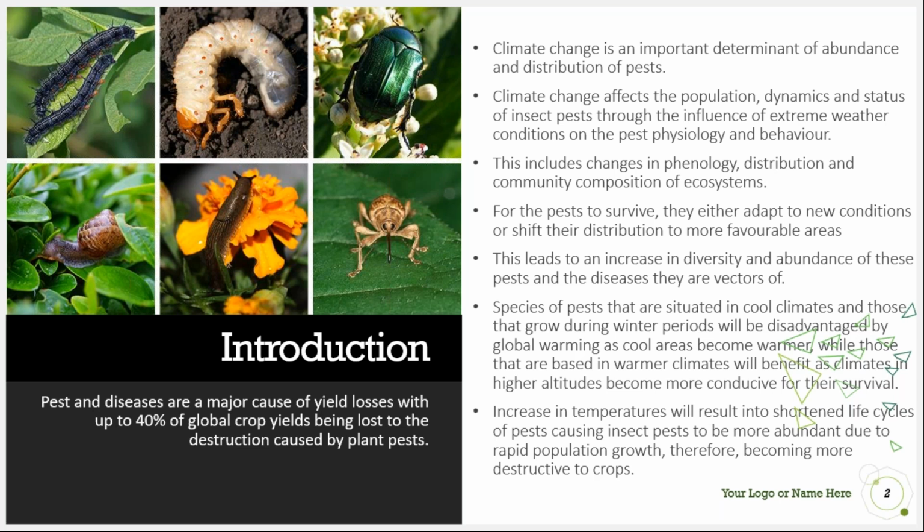So knowing that these pests will be affected by climate change in a way that some pests will cease to exist while others will have an expanded area of activity, we saw it to be very important to predict the distribution in Zambia as we were working on climate vulnerability.